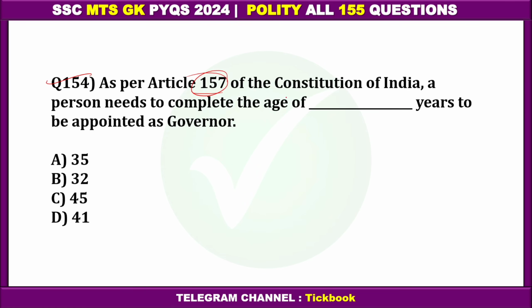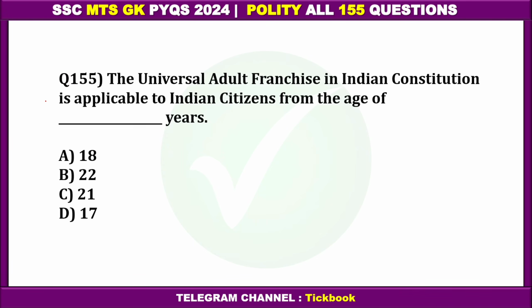As per Article 157 of the Constitution of India, a person needs to complete the age of dash years to be appointed as a governor. Option number A, age of 35. 155. The universal adult franchise in the Indian Constitution is applicable to Indian citizens from the age of dash years. Option number A, 18.